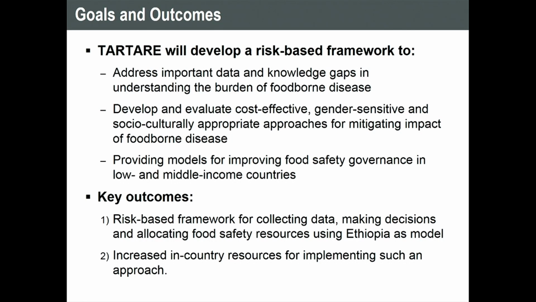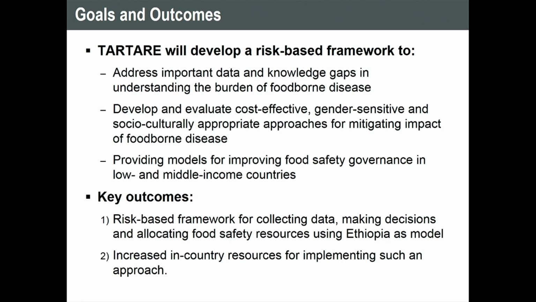And then the third pillar of the project is to engage stakeholders and the government in a risk ranking and prioritization exercise that will help them develop a model for improving food safety governance in their country, and specifically allocating their limited resources in a way that will most effectively impact public health.